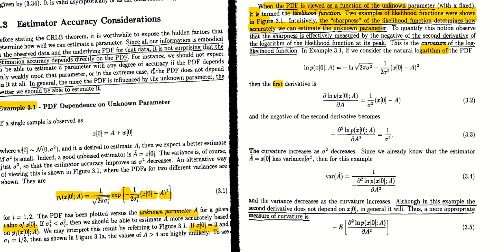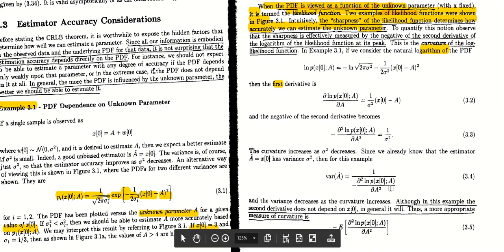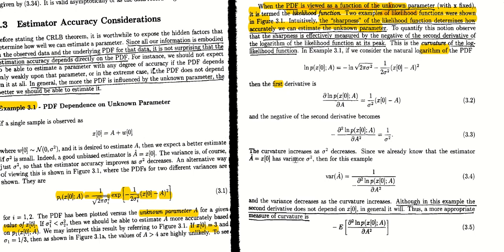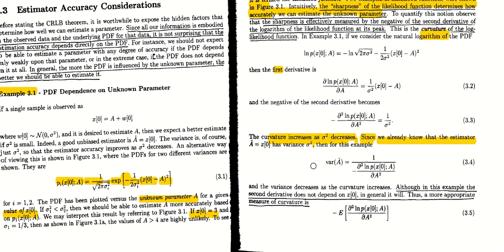If you take this term and put it into the denominator, it will turn out to be sigma squared, which is equal to the already known sigma squared here. Okay, so the variance decreases as the curvature increases.